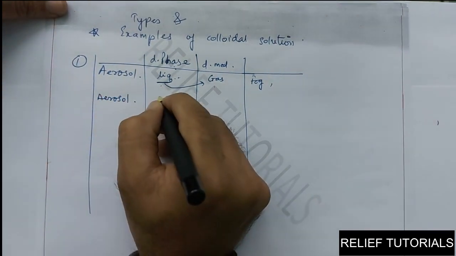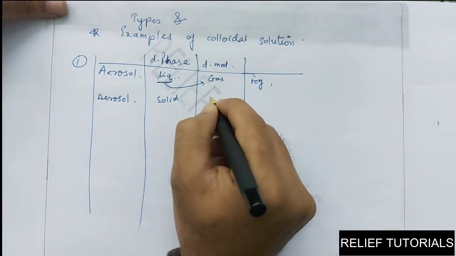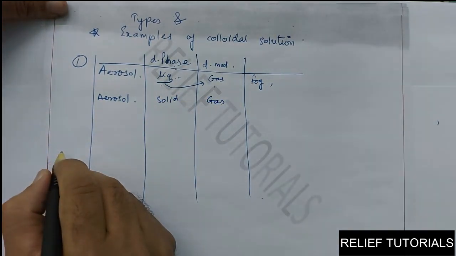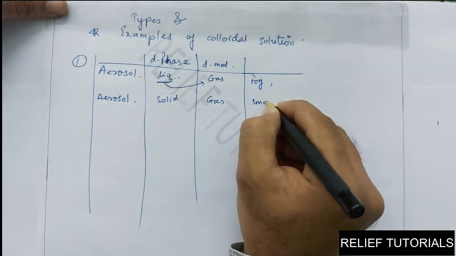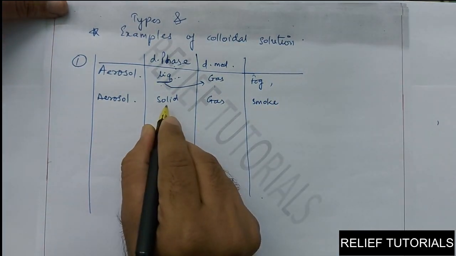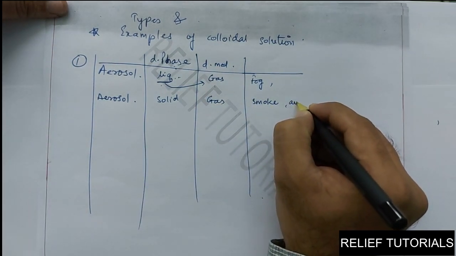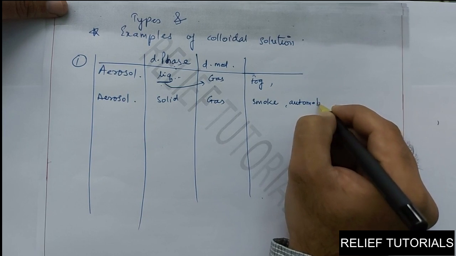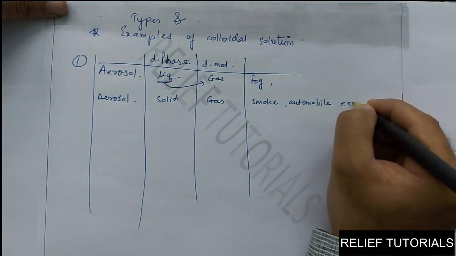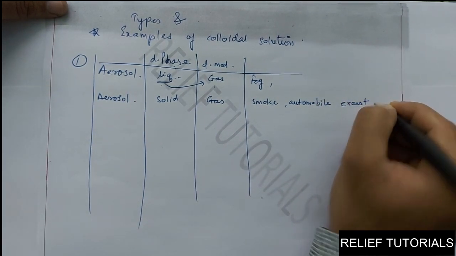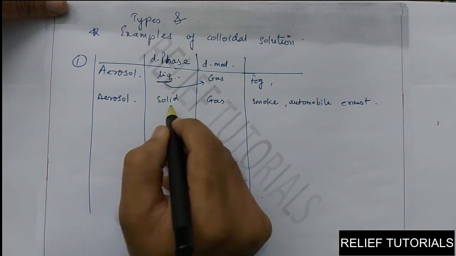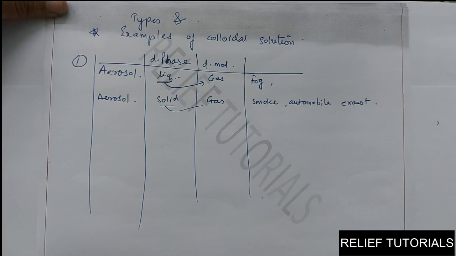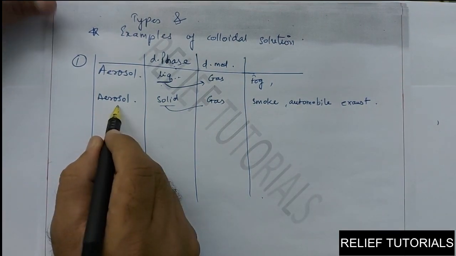Aerosol is also a mixture like this: when solid mixes with gas, then also it is called aerosol. Smoke. In smoke, the solid particles, automobile exhaust, the smoke coming out of vehicles contains solid particles mixed with the gas. So that is also an example of aerosol.